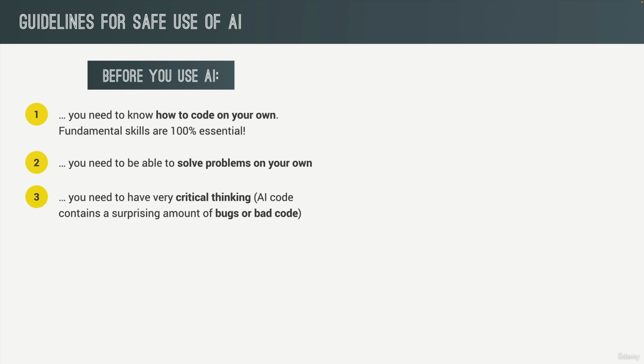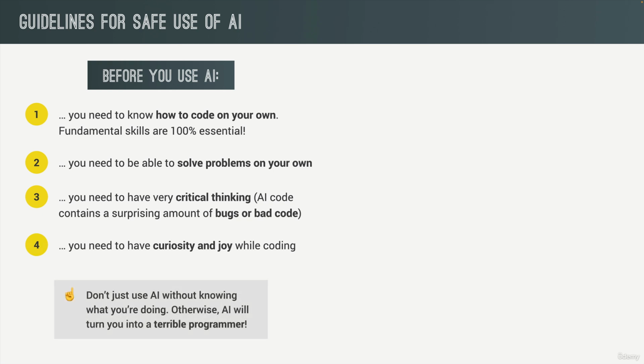Always question whether the AI output actually makes sense. Finally, coding should spark joy and curiosity. If coding is boring or not exciting anyway, if you lack the passion for writing code, then maybe this isn't the right career anyway. So, in summary, I would advise to not just use AI without knowing what you're doing.